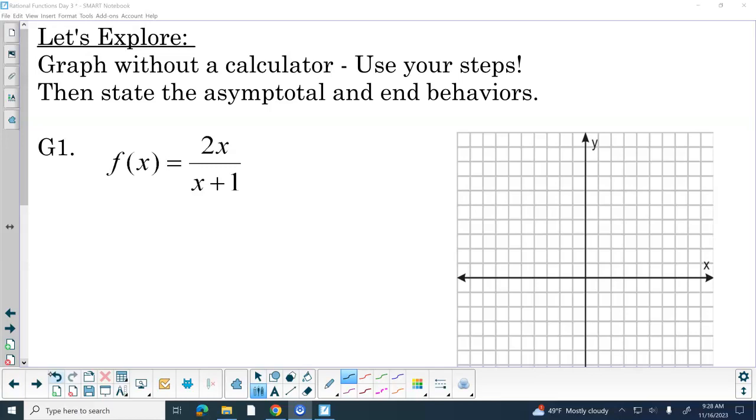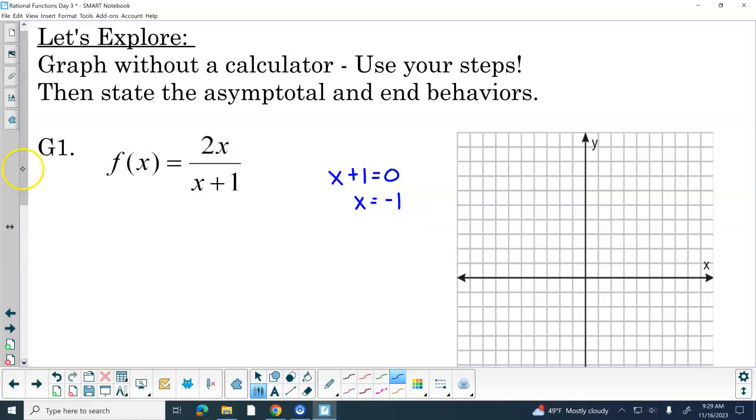All right. So on our triptych, step number 1 says we have to do what first? Find the domain. How am I going to find the domain? I'm going to set the denominator, x plus 1, equal to 0, and then solve that. That gives me x equals -1.